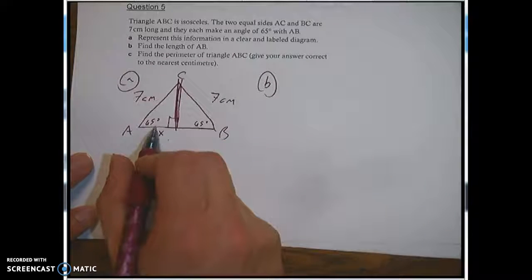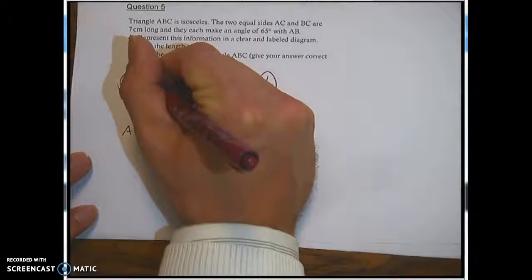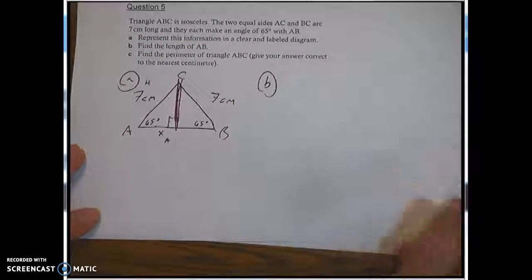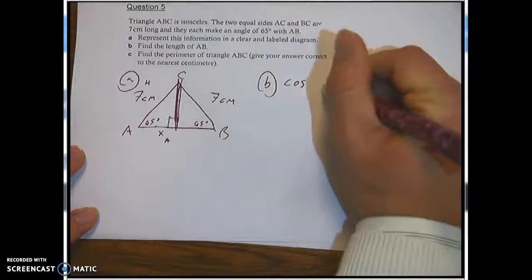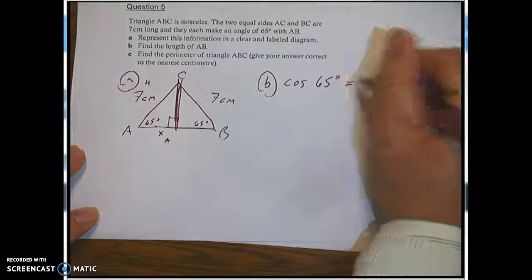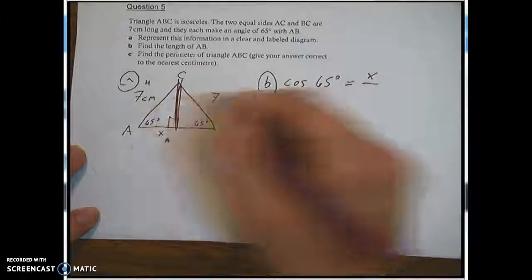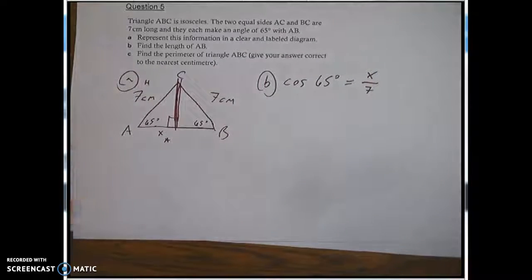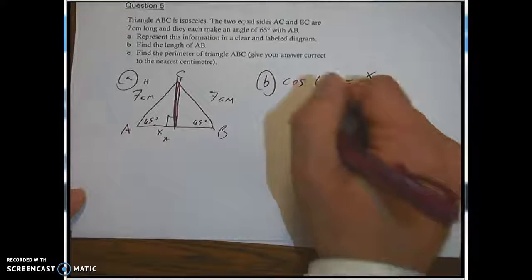So from the 65 degrees, that x is the adjacent side, and the 7 is the hypotenuse, which means we're going to use cosine. So I'm going to say cosine of 65 degrees equals the adjacent over the hypotenuse, x over 7. So to get that x, we're going to simply multiply both sides by 7.